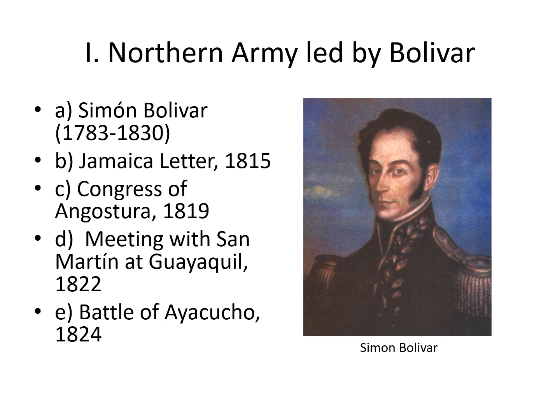In 1815, he had gone into exile in Jamaica, and the Jamaica letter that you're reading this week was a letter that he wrote seeking support from the British for the process of independence in Spanish America. In this letter, he also gives his vision of why he thinks Spanish America should turn to a republican form of government.